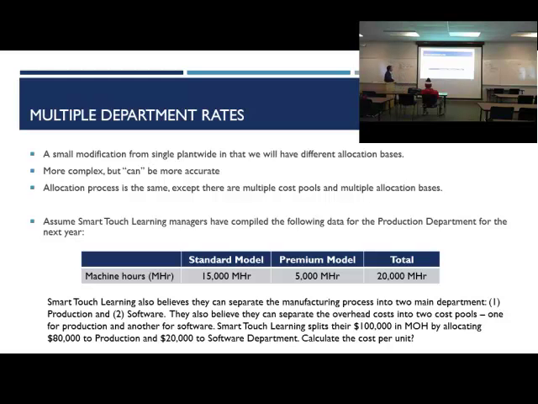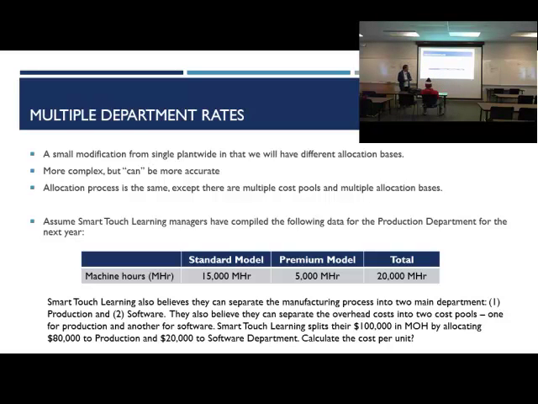The allocation process is the same, except there are multiple cost pools and multiple allocation bases. Assume that Smart Touch Learning managers had compiled this information about the production department. They expect that the standard model is going to use 15,000 machine hours. They also expect that the premium model is going to take up 5,000 machine hours, for total machine hours of 20,000.